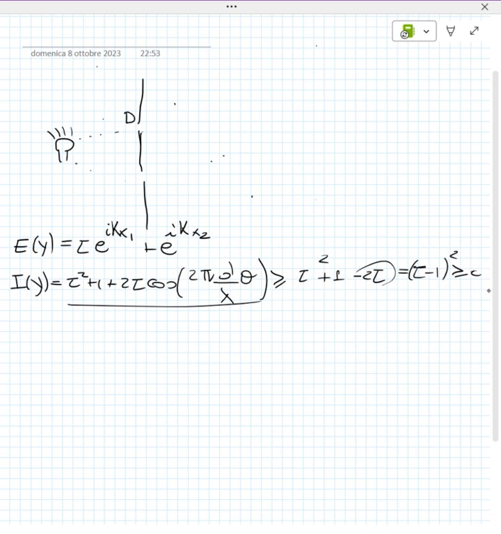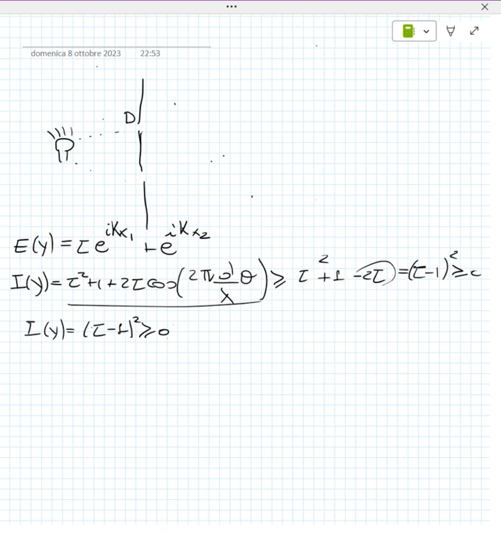So what we can say about that, we get the minimum intensity greater or equal than 0. This means that we no longer have dark spots or dark parts on our plate. So this is important to notice.